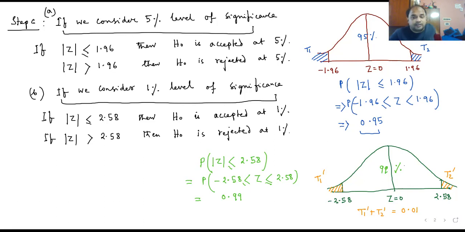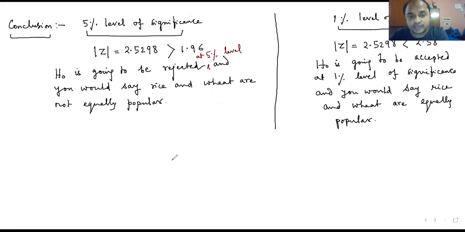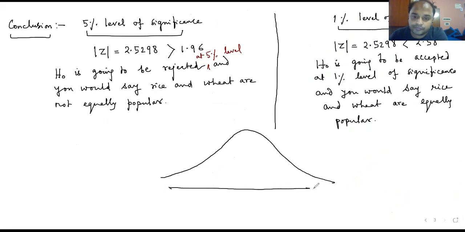This is the situation. Now you see, if you consider the horizontal scale to be a scale where you can slide the bars to expand it or to contract it. Whenever I try to draw 2.58, let's draw the two figures together. Say for example, this is my normal curve, and this is my z equal to 0.